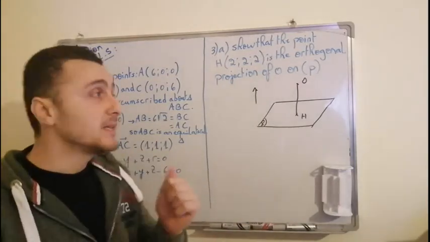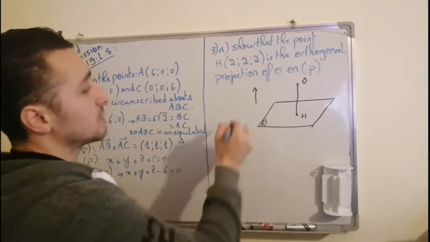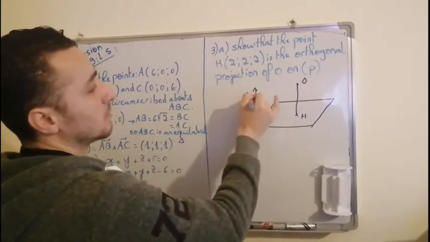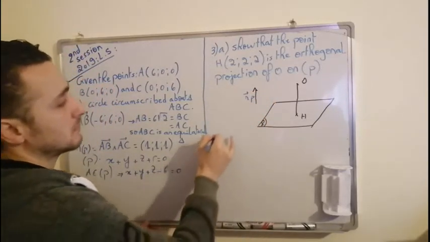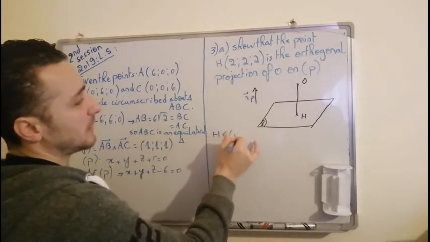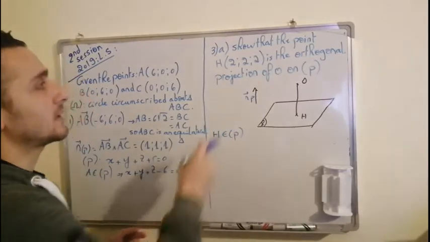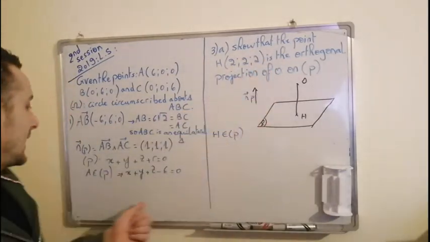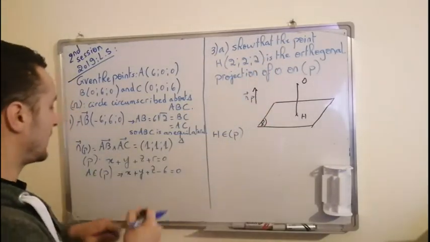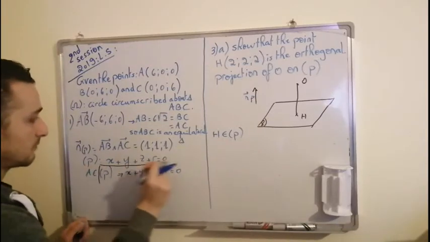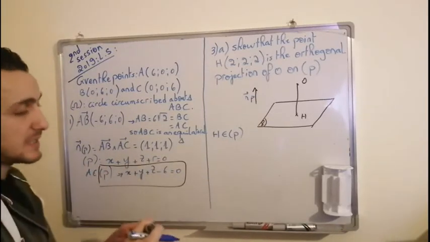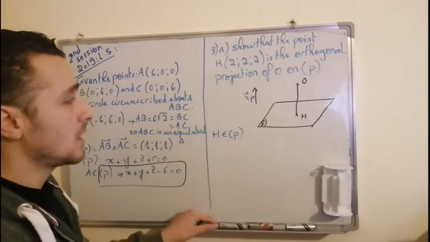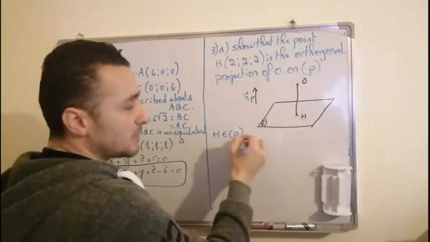The first one is H belongs to this plane. It's so easy. We can replace the coordinates of H, (2, 2, 2), in the equation of the plane P. And we obtain 0 equals 0. So H belongs to P.